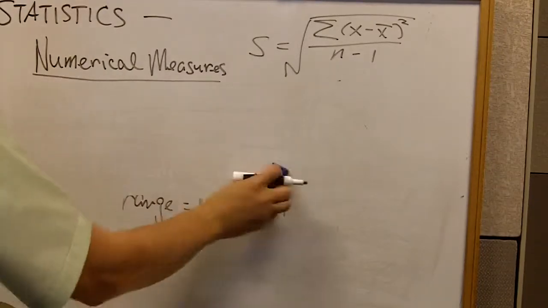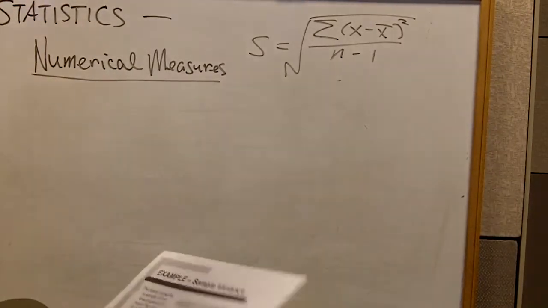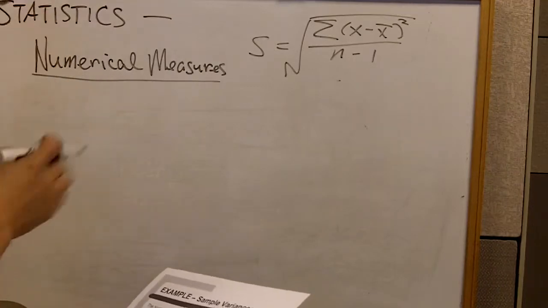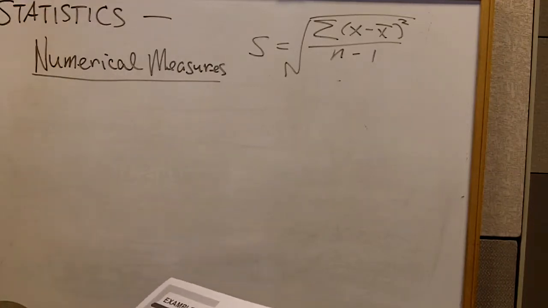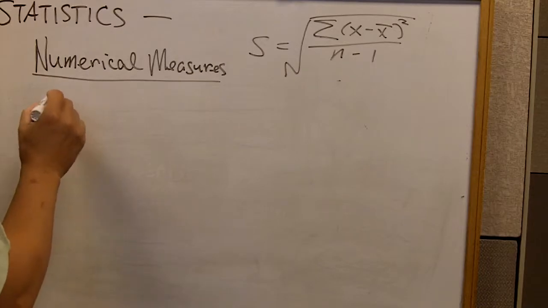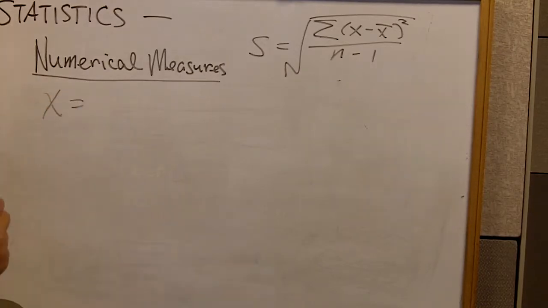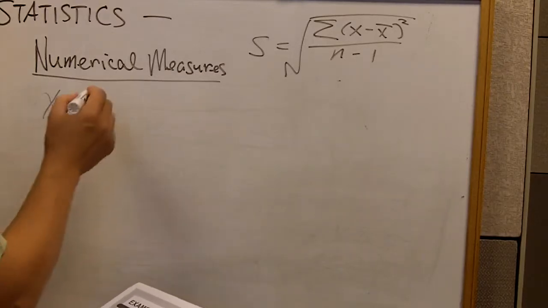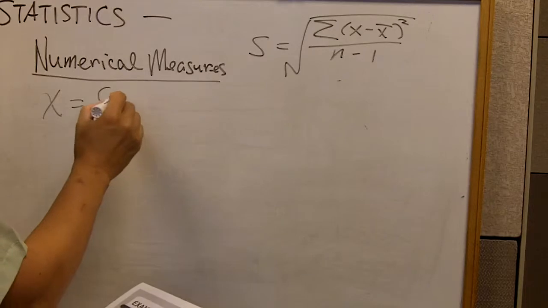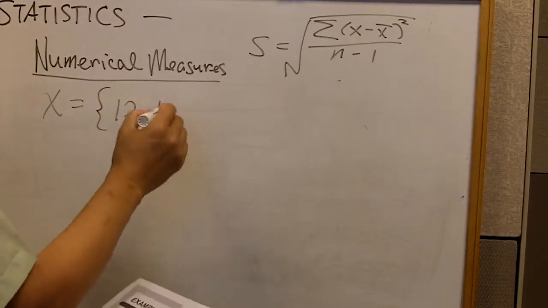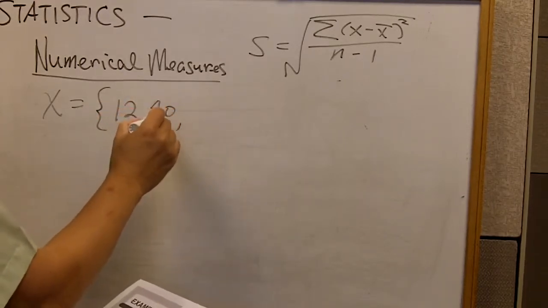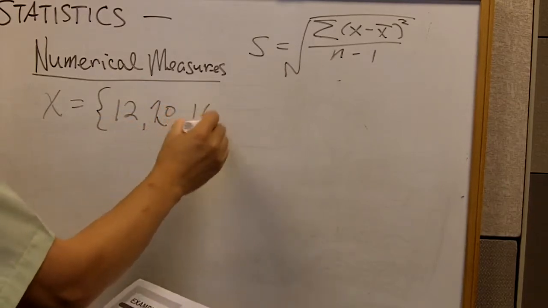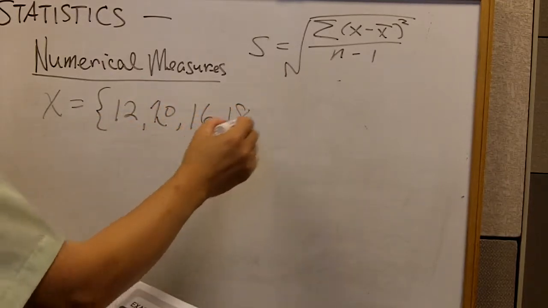This is the equation, and we're going to use a very simple example to illustrate it. My example would be the hourly wages of a sample of part-time employees at Home Depot, and x is the hourly wages of the employees: 12, 20, 16, 18, and 19.